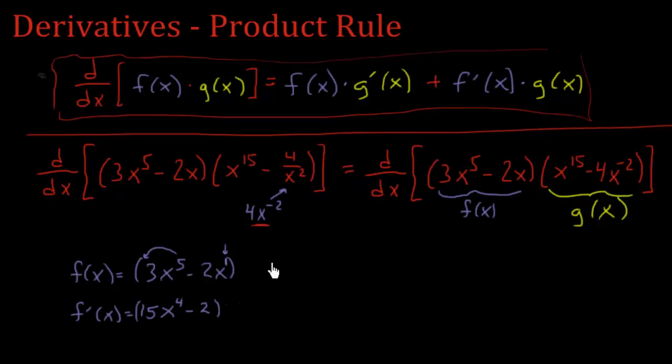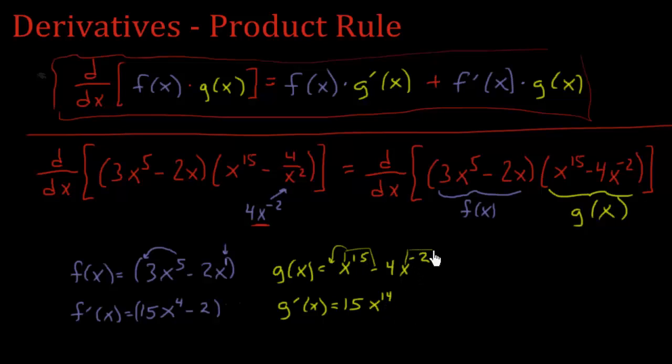Then you go over here and do it again with g of x. That's x to the 15th minus 4x to the negative 2. Then you immediately write g prime, which is 15x to the 14, because you bring the 15 down and subtract 1 off 15 to get 14.